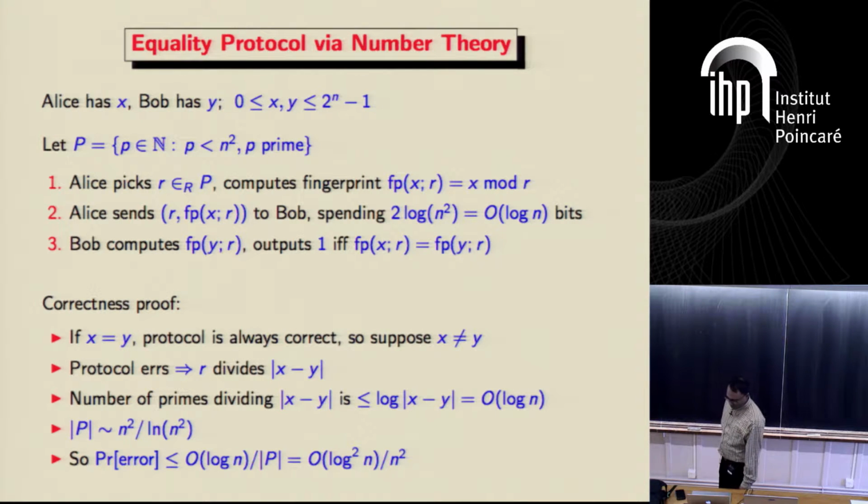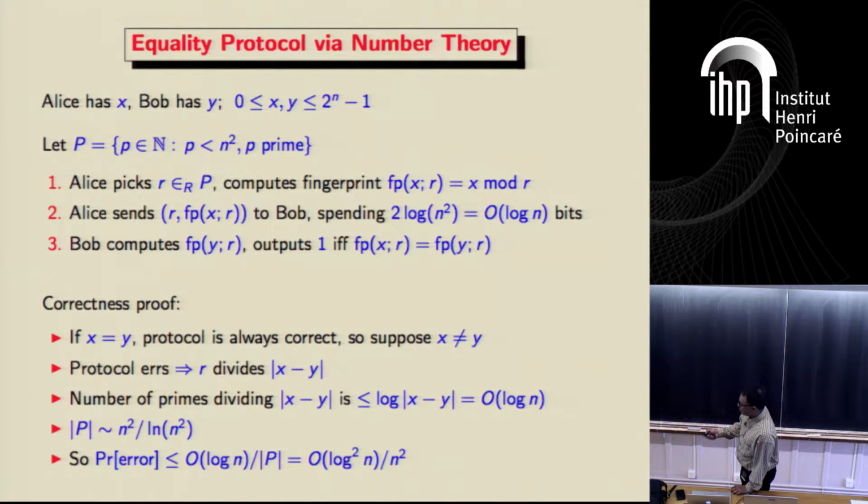Now, how often can that happen? We picked r at random. What is the probability that it actually divides this fixed number x minus y? To do this, we have to appeal to, well, I guess we are in Paris, a great theorem of French mathematics of the 19th century, the prime number theorem.